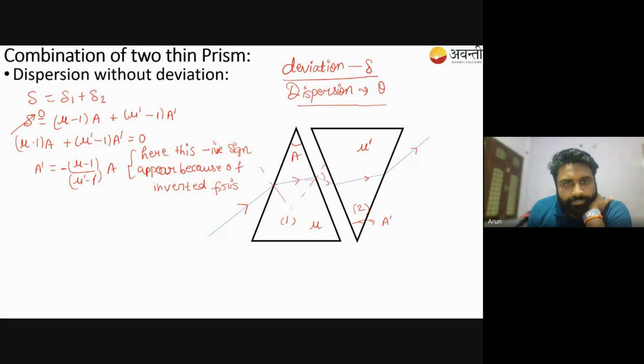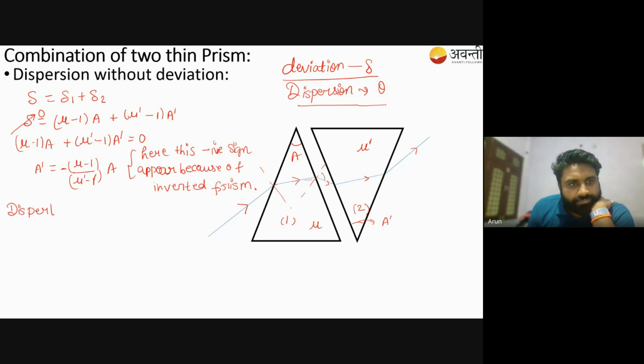Okay, the prism was inverted, so that is why this negative sign appears in the deviation. Got it? So what should be the value of dispersion?